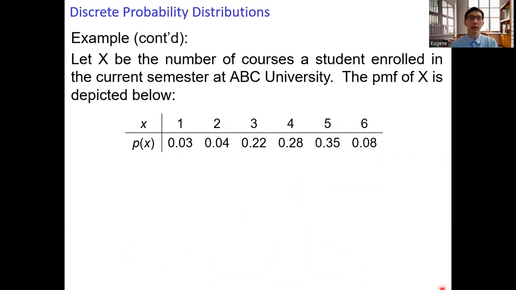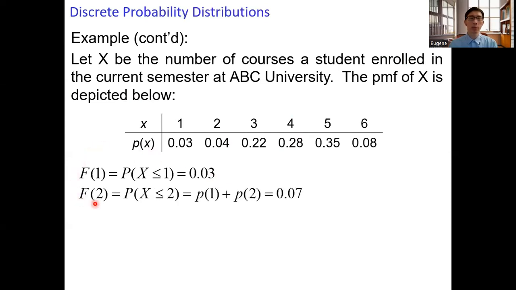Let's take a look at the evaluation of the CDF. The CDF at x equals 1, by definition, equals the probability of X less than or equal to 1. So this is 0.03. And then the CDF evaluated at x equals 2, by definition, is equal to the probability that X is less than or equal to 2.